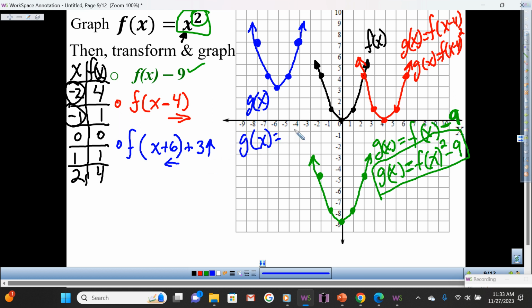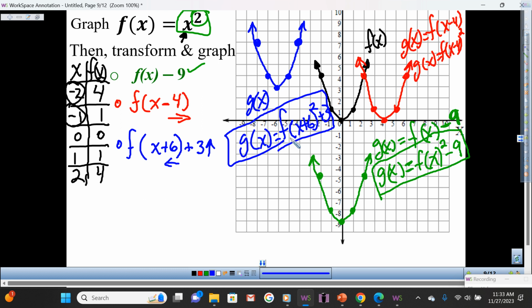All right, good conversations. All right, tell me what to write, Vianney. G of x equals f parentheses x plus 6 squared plus 3. Hands if you got that. That is correct. Let's go.